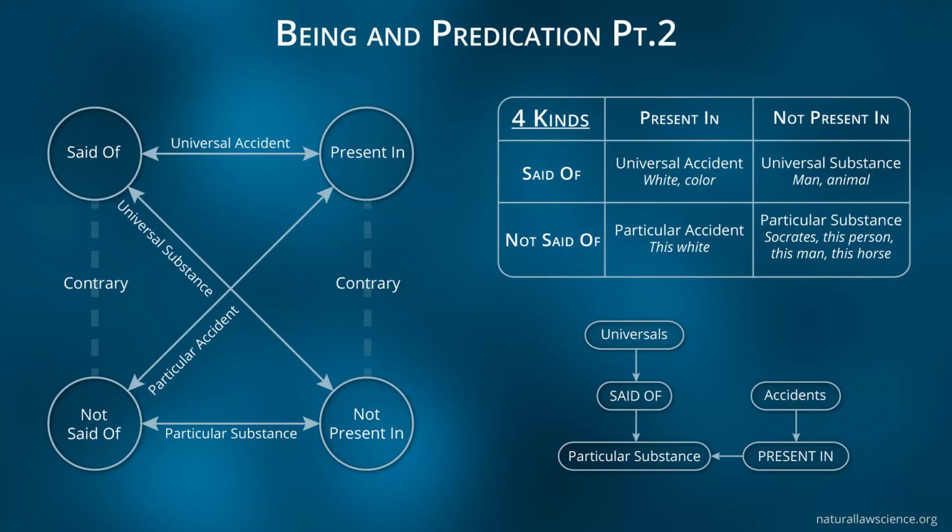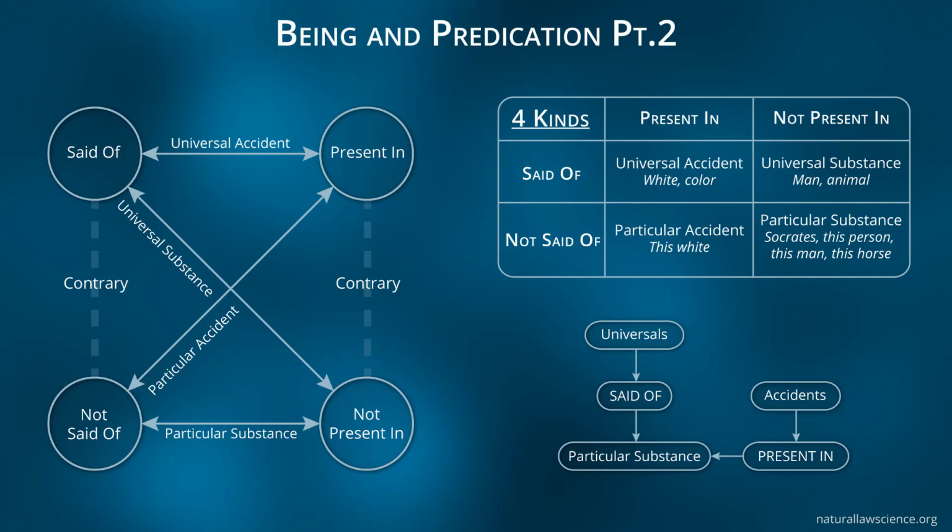Versus a particular substance instead of a particular non-substance, which is the particular accident. The particular substance is the source thing. This is what's the most fundamental, the particular substance. Then you have the universal substance above it. The universal substance is said of the particular substance.